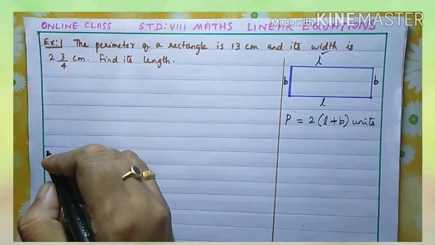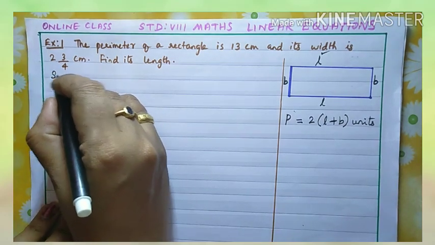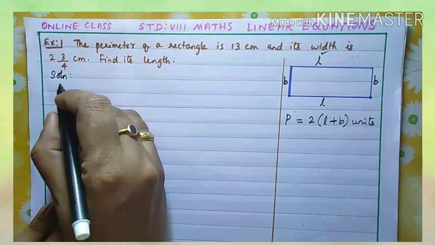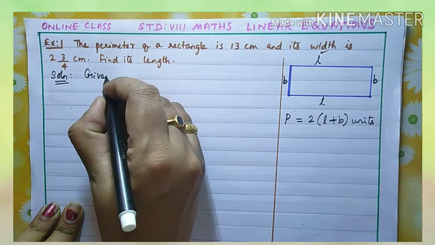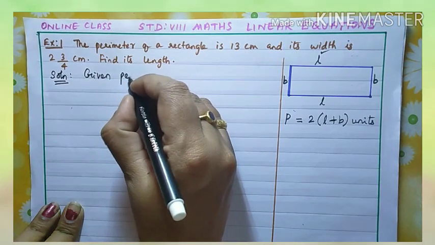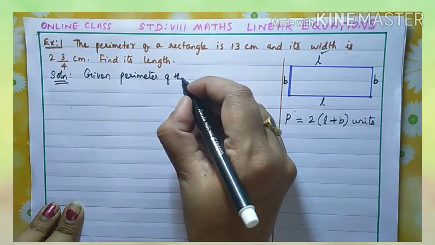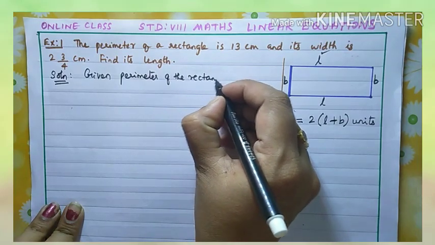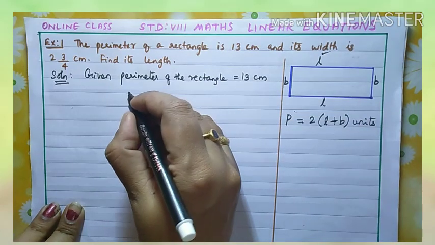First we need to write the solution. So we are starting the solution. Given: perimeter of the rectangle equal to 13 centimeters.